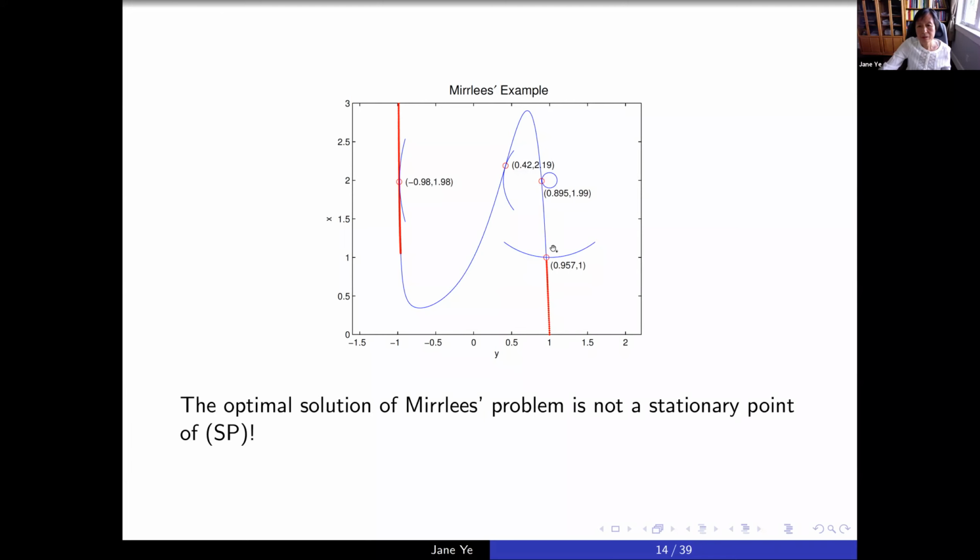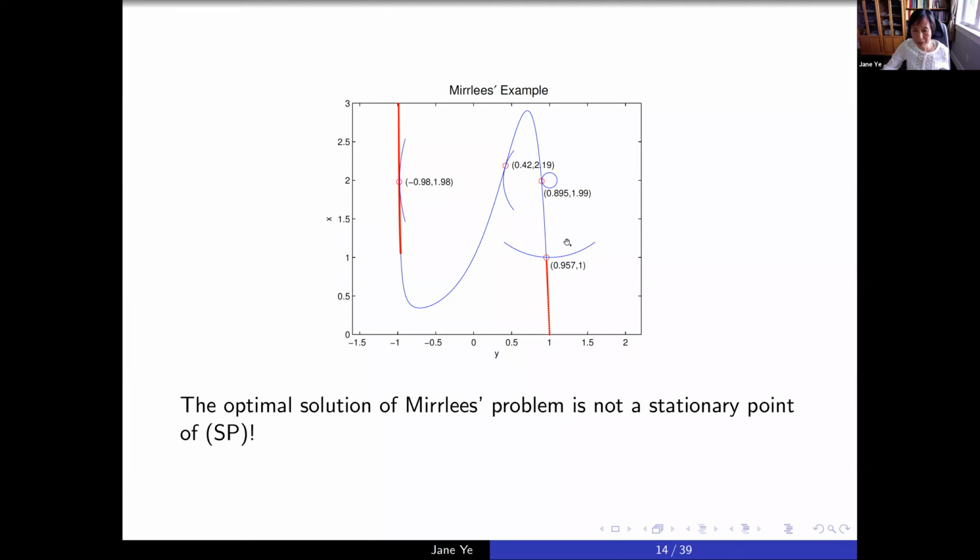But the minimum for the true bilevel is at this point, because the feasible region is the red part. You make this contour bigger and bigger, and this is the first time it touches the feasible region. So the optimal solutions of the two problems are not the same.